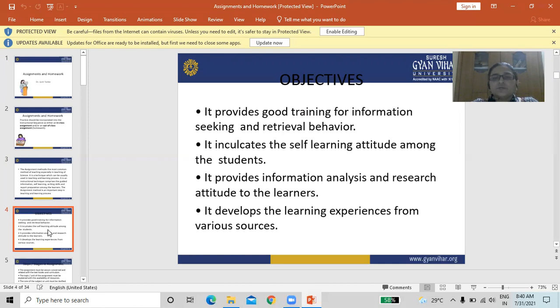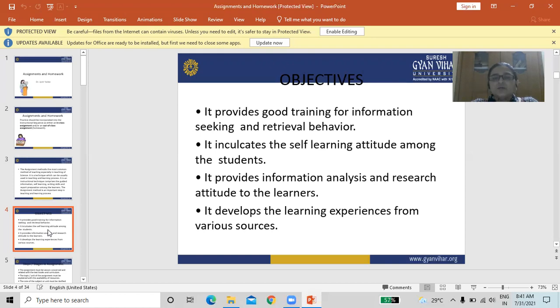It inculcates the self-learning attitude among the students. Generally, homework and assignments are done by the student on their own. So assignment inculcates the self-learning attitude in the student.